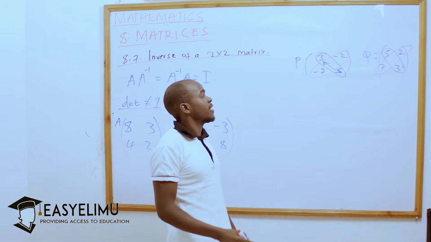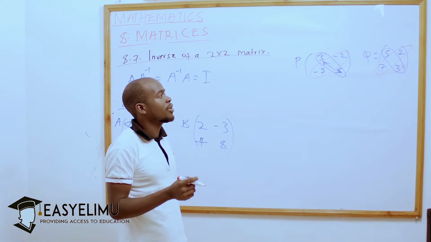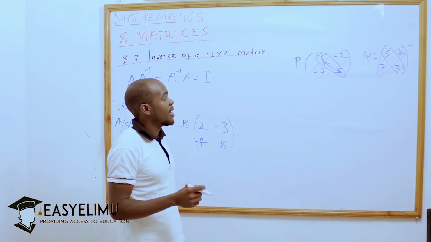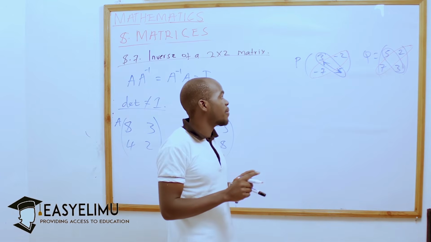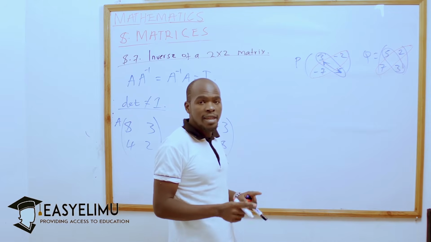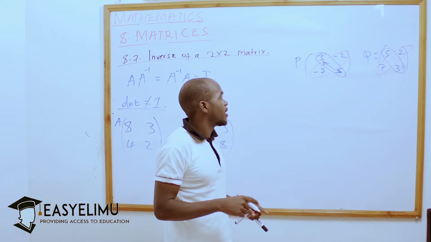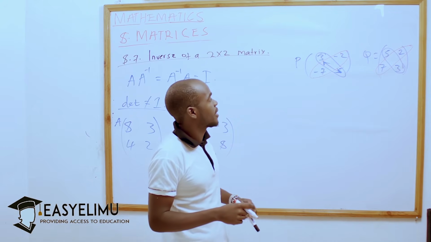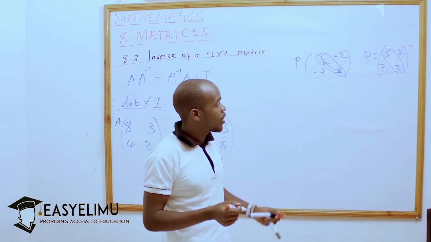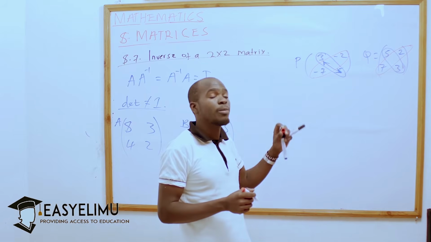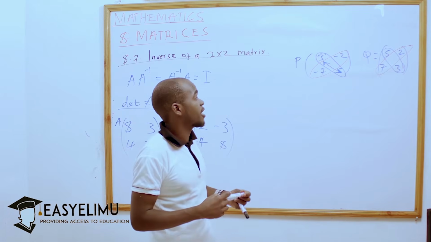You just change the sign of the elements in the other diagonal. If it is negative, you negate again and you will find positive, and if it is positive, you negate and you will find negative.